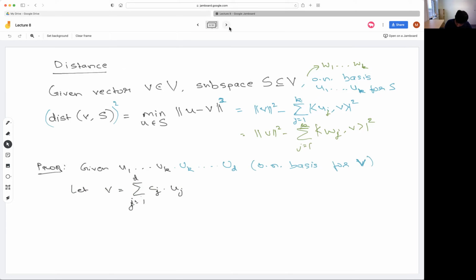And any U in the subspace can be written as a summation just in terms of the first K vectors with some coefficients, right?